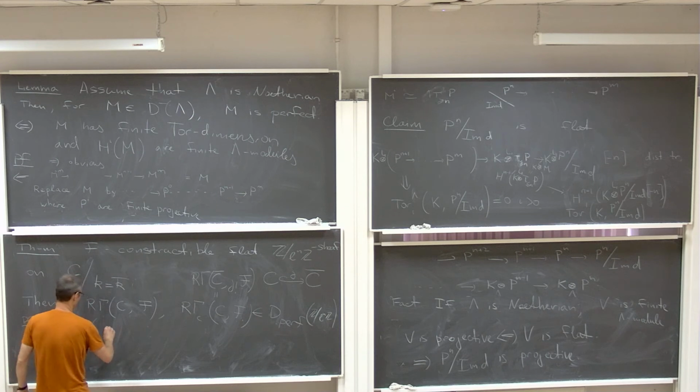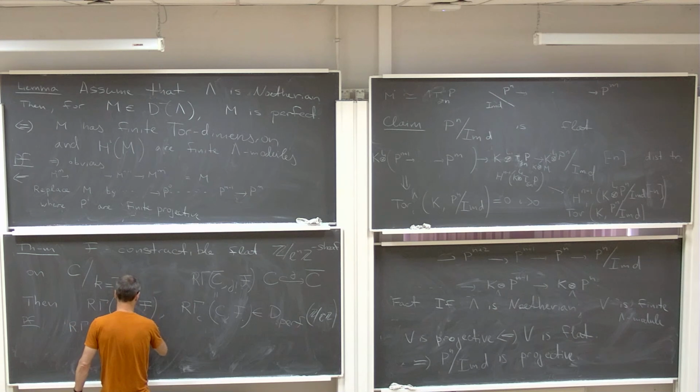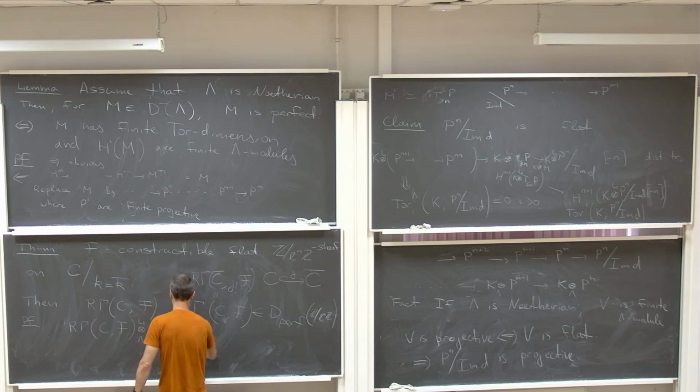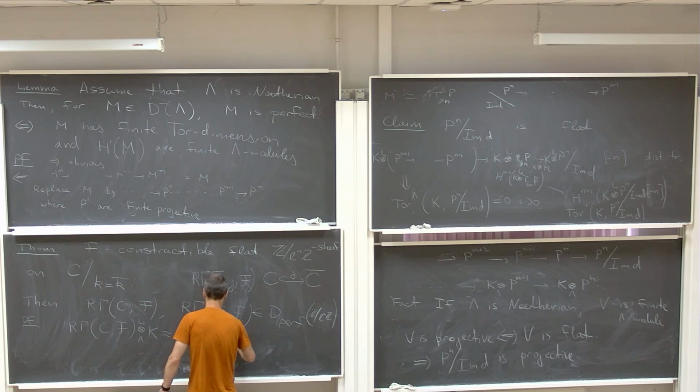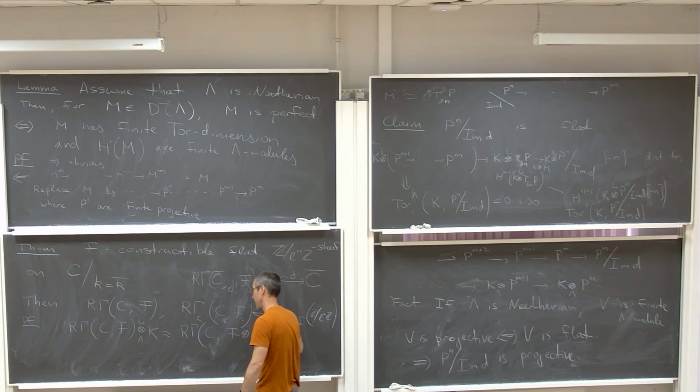So R gamma of C, F tensored with any K is the same as R gamma of C, F tensored with K. Well, I don't need the derived tensor product here, I just put it because F is flat.